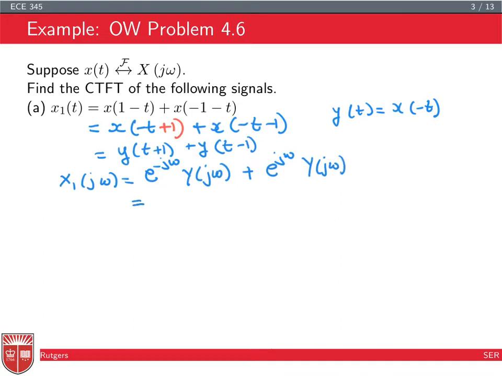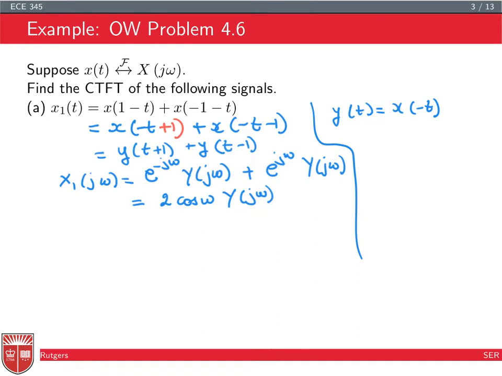Now you can take y of j omega outside, and this is equal to 2 cosine omega y of j omega.